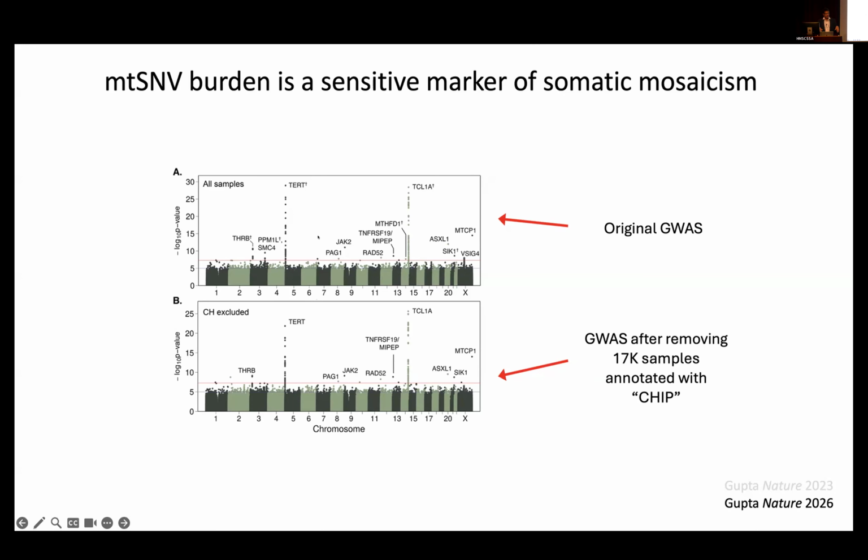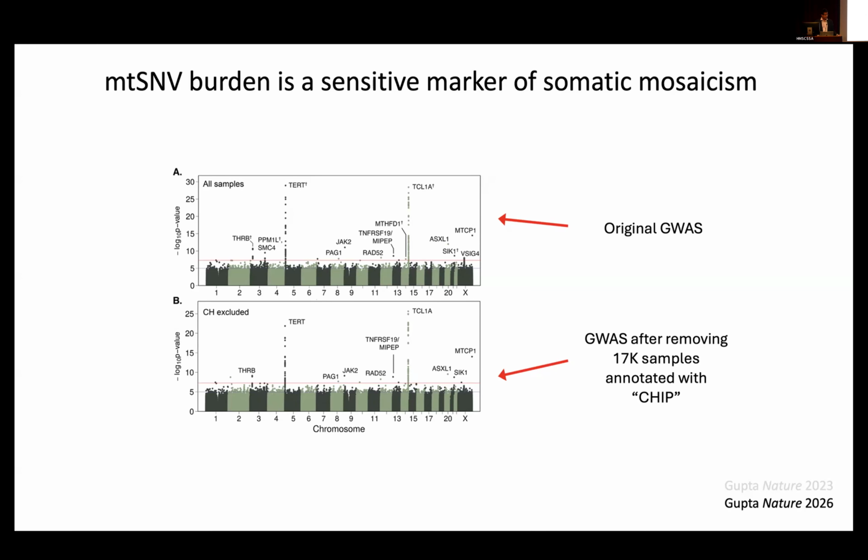The gurus of the CHIP world are able to call all the samples in UK Biobank that have CHIP mutations. There's about 17K. We can take those away. With the remaining 483,000 samples from UK Biobank that are not known to have CHIP, if you do GWAS again, you get the exact same Manhattan plot, meaning that those are the germline variants that are predisposing these individuals to get CHIP, even though it's not detectable by traditional methods.